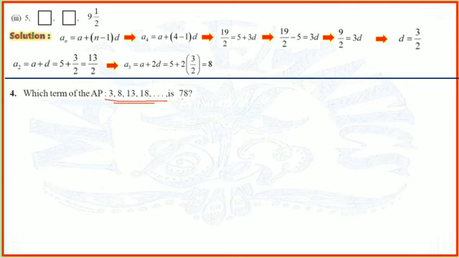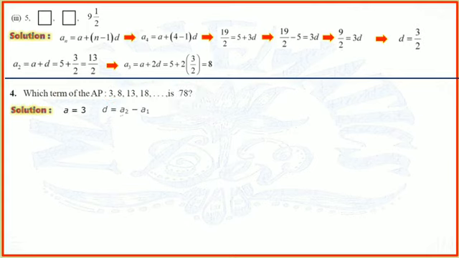They have asked about the position, that means which term, whether 100th term is 78, 50th term is 78, or some particular position, the value of that n. So A is 3, D is 8 minus 3, which is 5, and let us suppose that the nth term is 78, then we'll be finding the solution.